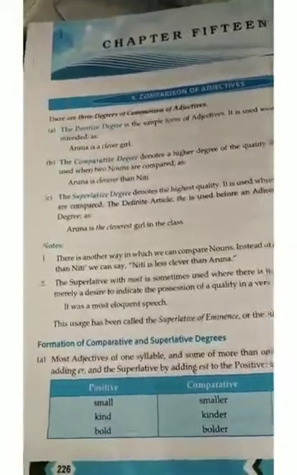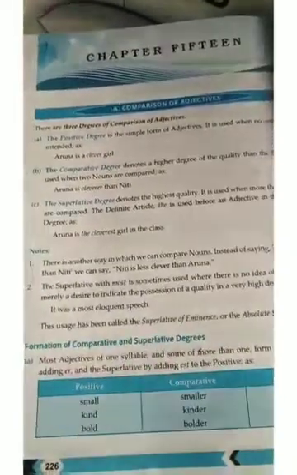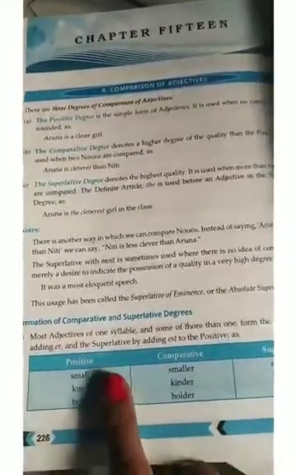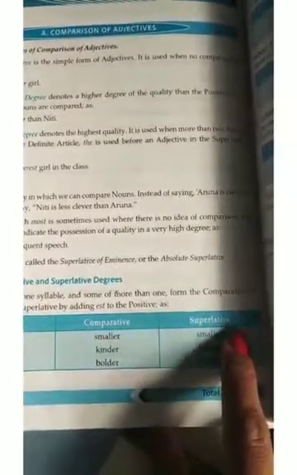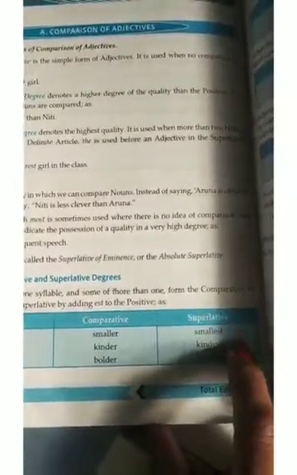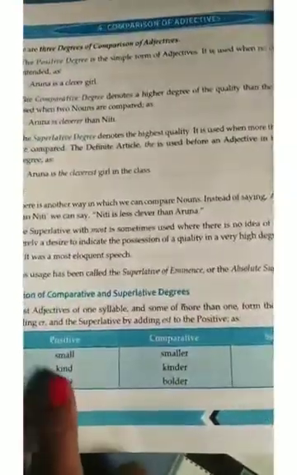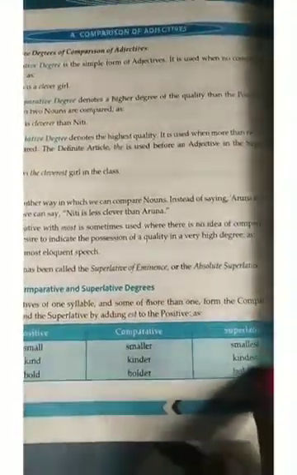The formation of comparative and superlative degrees. First is positive, small. Comparative is formed by adding ER, smaller, and superlative by adding EST, that is smallest. Kind, kinder, kindest.